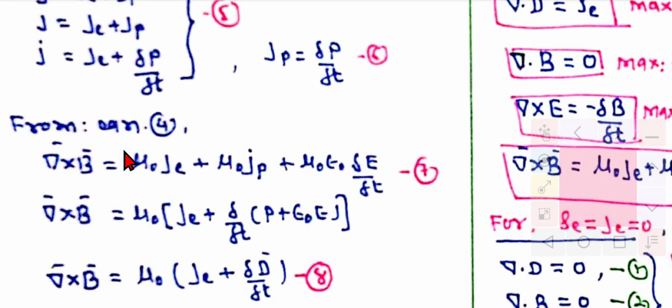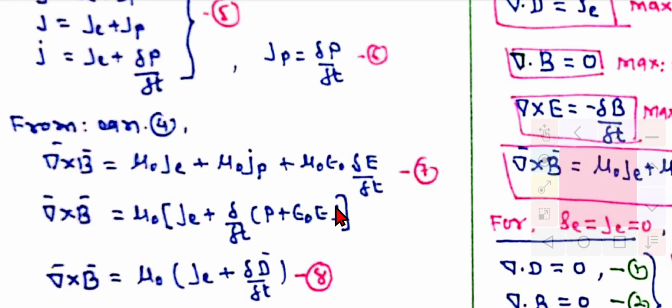So this equation we can write as curl of B equals mu 0 in brackets Je plus del by del T of P plus epsilon 0 into E. What is P plus epsilon 0 into E? It is the displacement vector, the superposition of the polarization vector and the electric field term in dielectric theory.